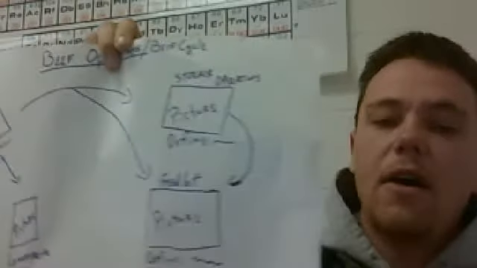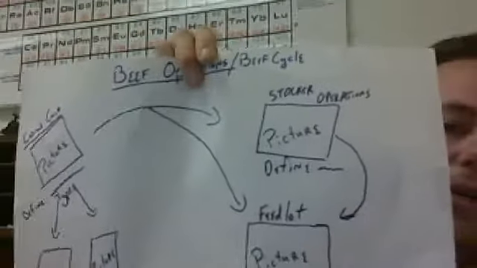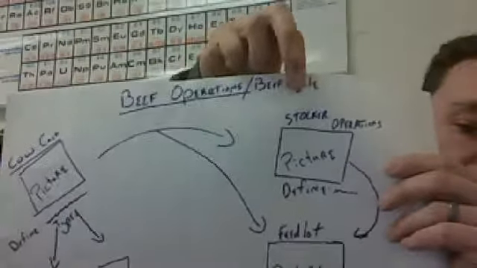It is not a complete cycle because I did not fill in the rest of the arrows. Your goal will be to figure out how this cycle works, because a cycle goes around. So you need to figure out how to connect the stocker operations or the feedlot operations back with the cow-calf operations.